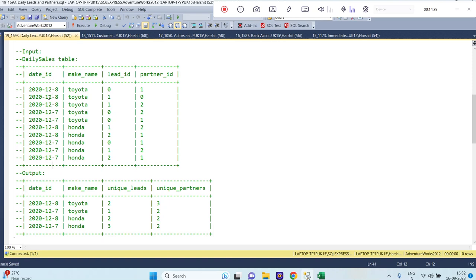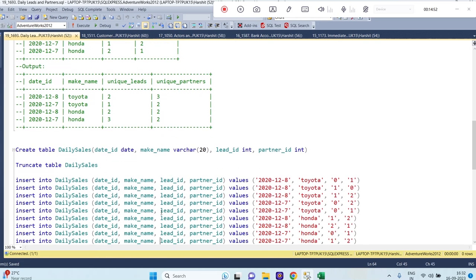For the Toyota on date 8. And again for the date 7, if you see, there is only one distinct lead ID. The same goes for the partner ID for the Toyota: 1, 2 and 3. Three unique partners are there, 1, 0 and 2. And for 7, there are two distinct unique partners.